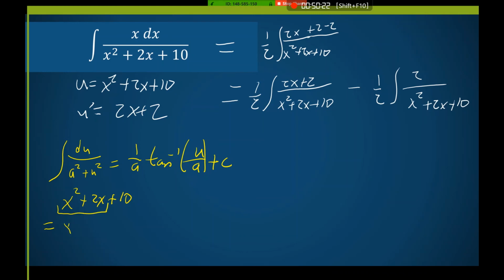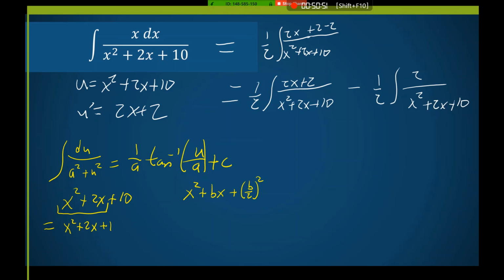How can I rewrite this so that we can complete the square? X squared plus 2x, plus 1. Plus 1, perfect. So our trick here is for x squared plus bx, in order to create a perfect square, I would have to add b over 2 squared.